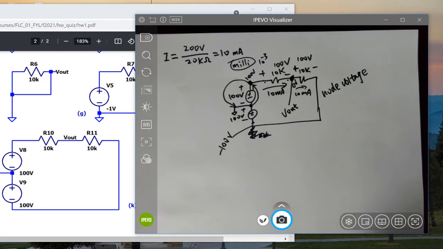Let's see if there's anything else we can think about this circuit. You must be thinking, is there anything wrong with this circuit?